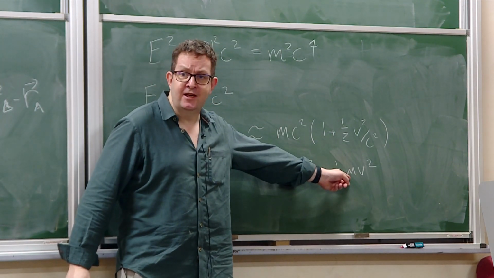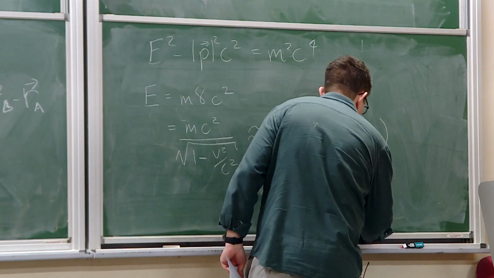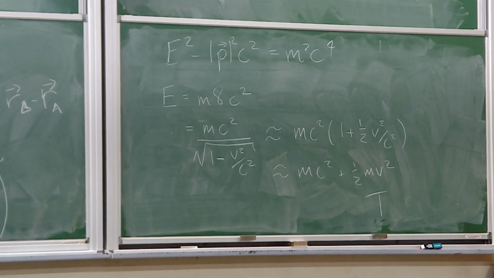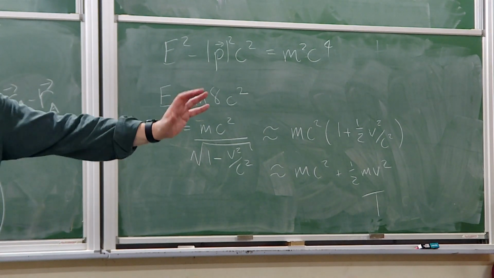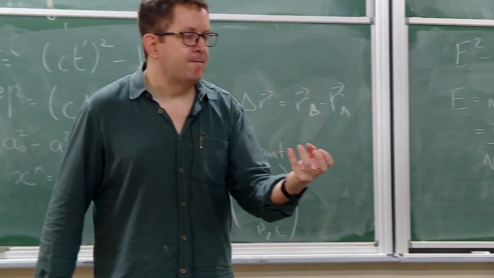That's the kinetic energy. So the total energy is the kinetic energy plus mc squared, the rest mass energy of the particle. Okay? So the total energy now is no longer just the kinetic piece and some potential piece. You've got to worry about the mass of the particle as well.